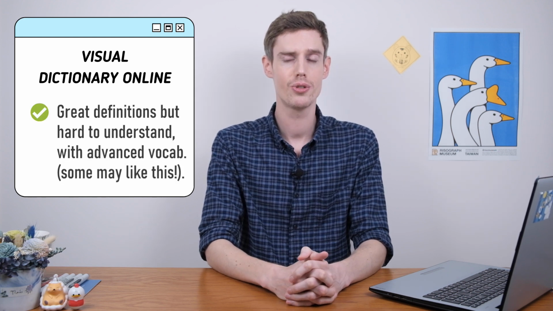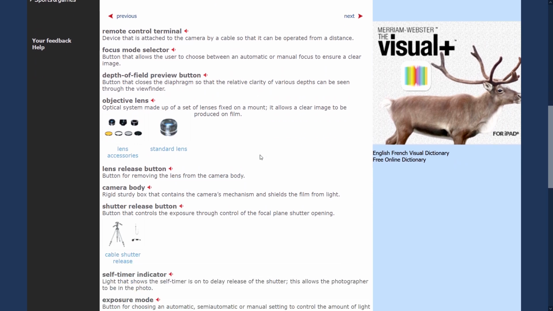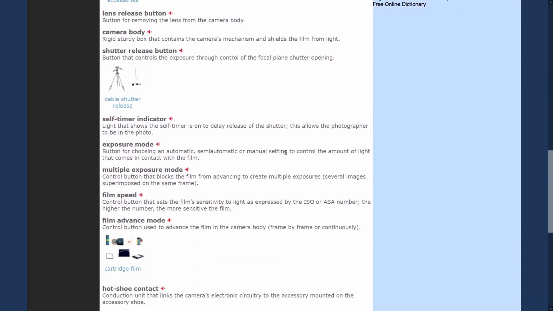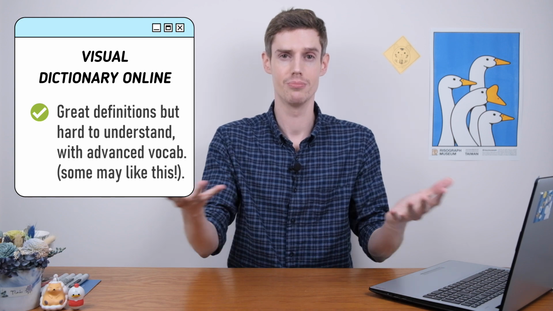They are extremely accurate, however, they can be quite complex and they do use vocabulary that is quite advanced, and therefore this dictionary is probably best suited to learners of a more intermediate or advanced level. That being said, the pictures do help alleviate this problem somewhat, and at the end of the day, you still get to see the thing that's being defined, which of course is a great benefit to anybody.